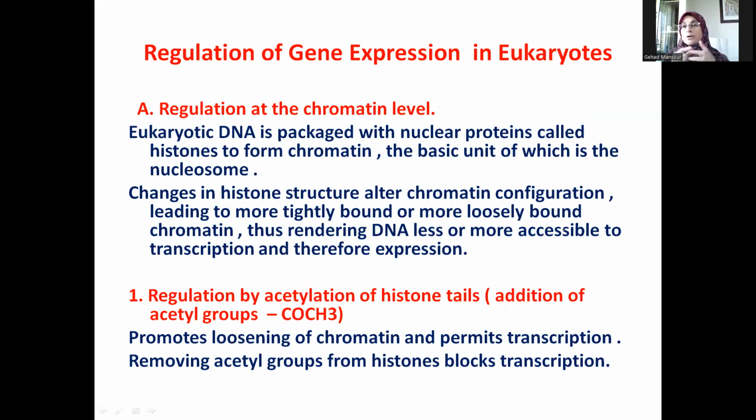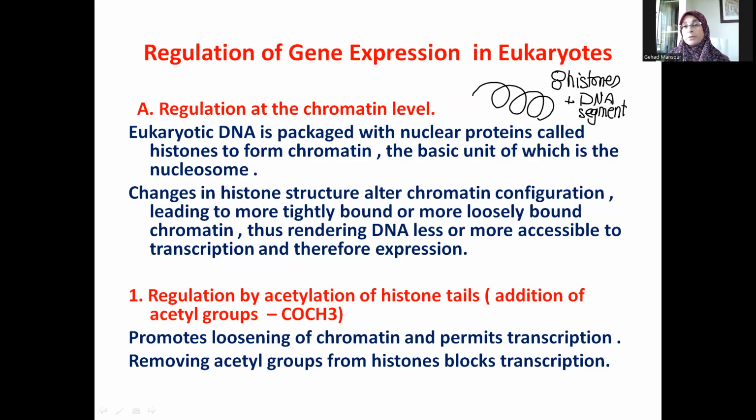We know that one of the major characteristics of eukaryotic DNA is that it is wound around histone proteins. Every 8 histone proteins plus one segment of DNA represent a nucleosome.